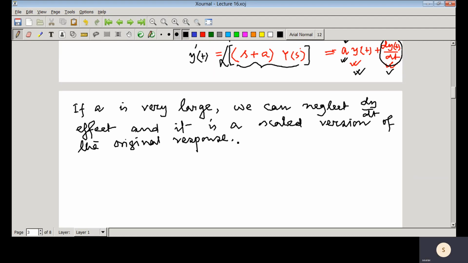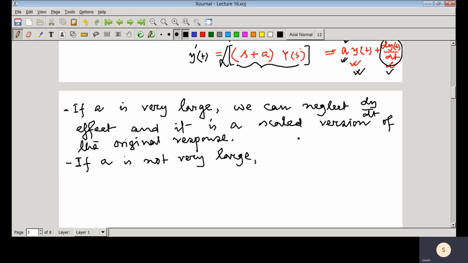It is the scaled version of that original response. So if A is not very large, then what happens?